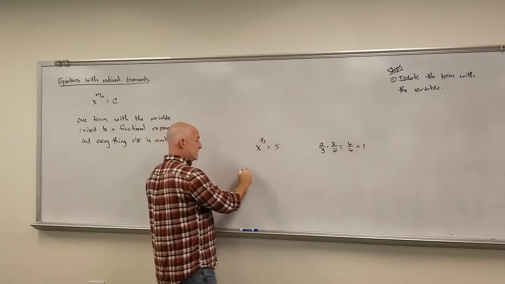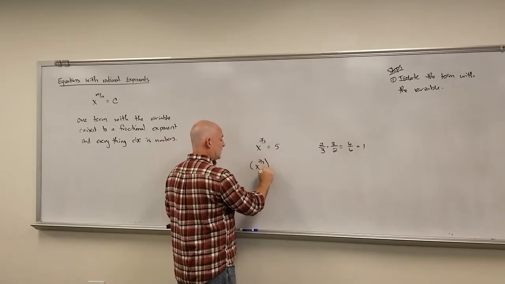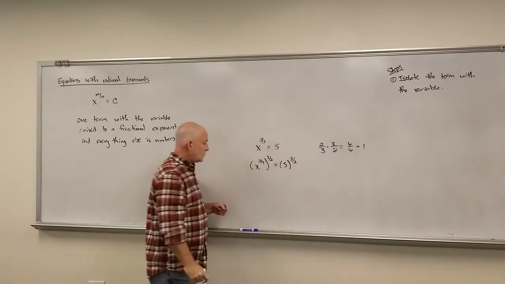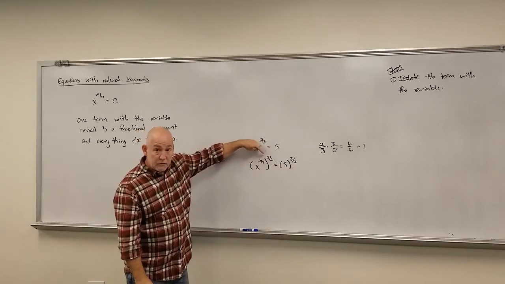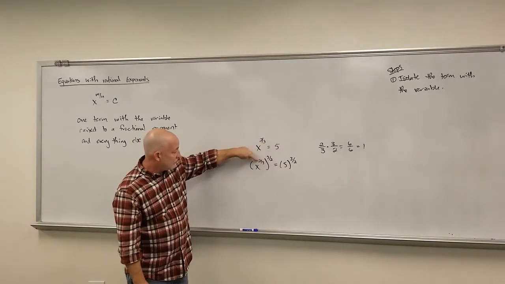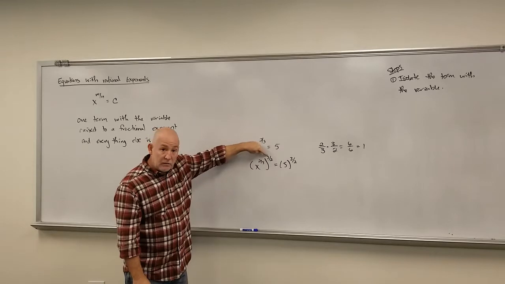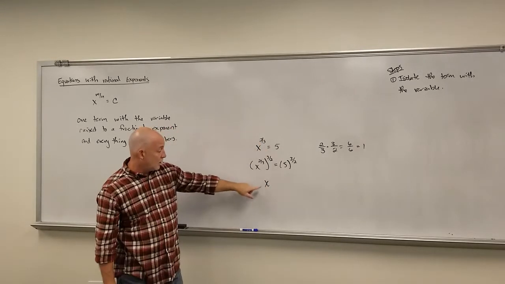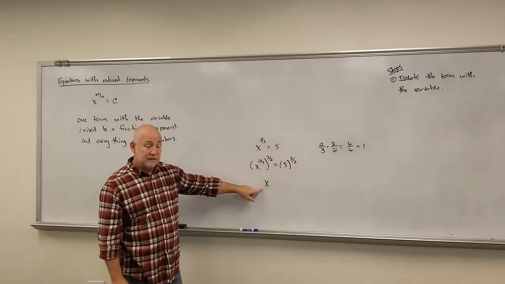So if I take this expression and I raise both sides to the reciprocal power, since we know from our rules of exponents, we multiply powers when we have a power raised to a power, that's always going to be a number times its reciprocal, which is always going to give us a 1. So there we go. We have our x isolated.